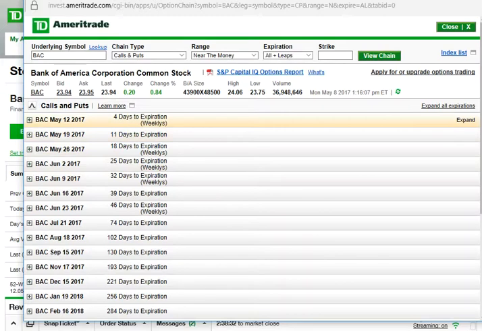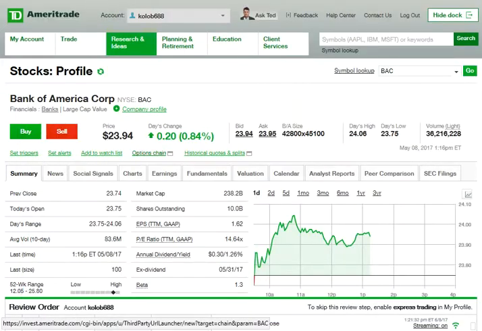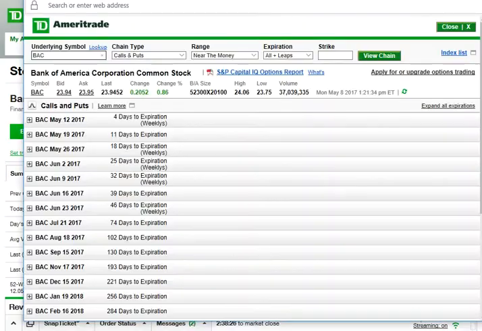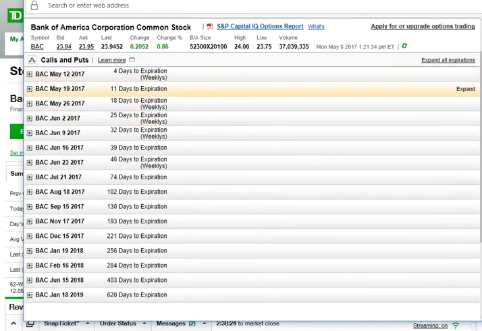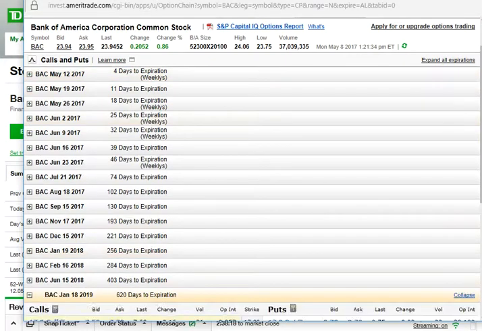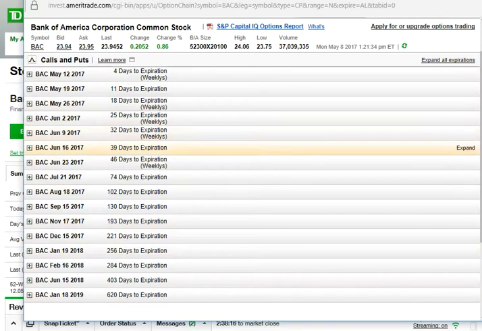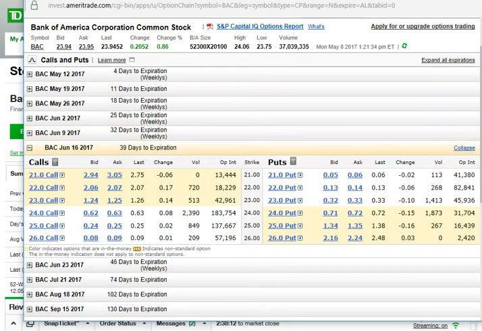So the first point is that I'll go back here, pull up the option chain, and the first thing you look at are the different dates. So you pick a date, and just remember that the closer dates are cheap, the longer dates are expensive, and all the ones in between are in between prices. So let's go out to 39 days.